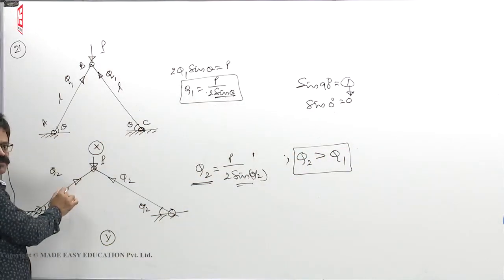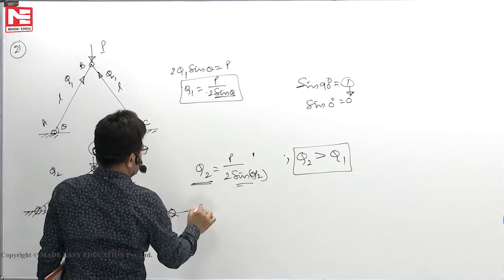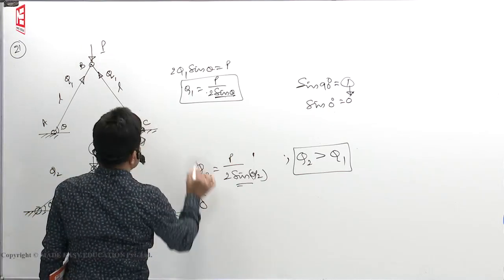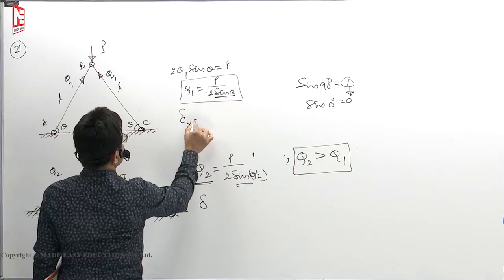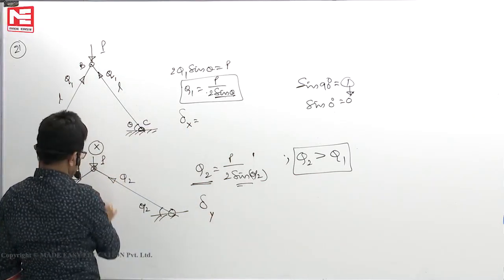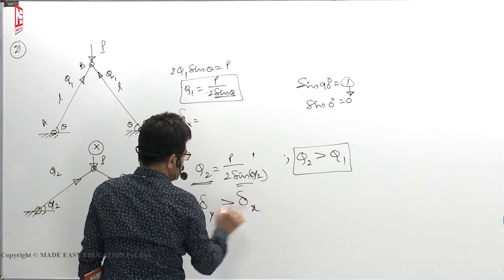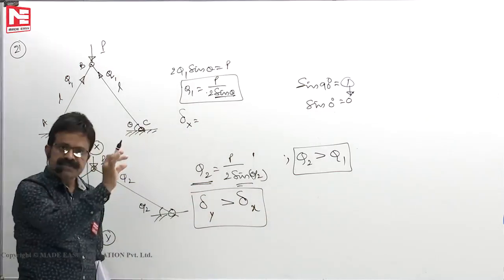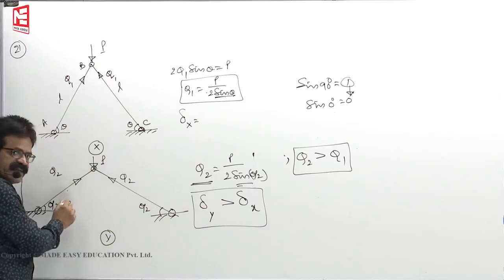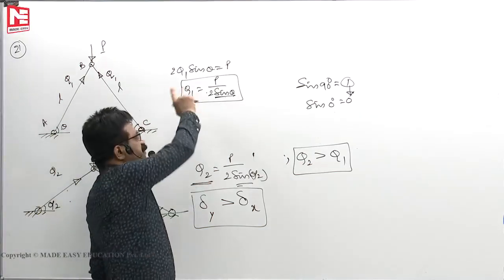If force is more, deformation is more, that means deflection is more. Delta Y is greater than delta X. Why? If force is more, deformation is more, and correspondingly deflection is also more. So in the second case, force is more and deflection is more when compared with the first case.